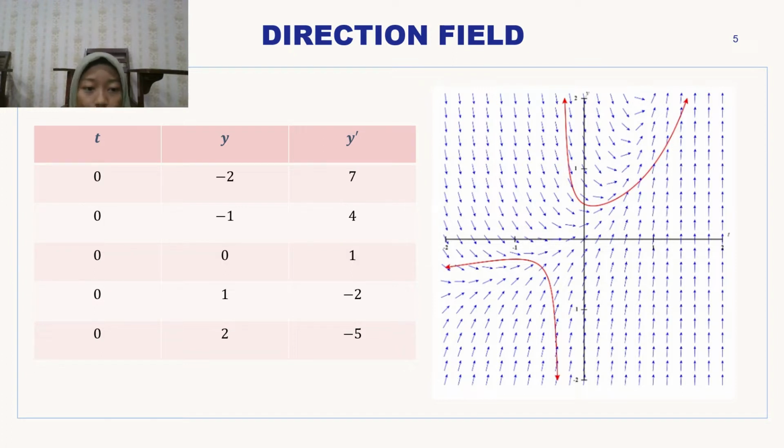If t equal to 0 and y equal to negative 2, it will be positive. It also means that if we choose t equal to 0 and y equal to 2, the direction field will be negative, since y prime equals negative 5.